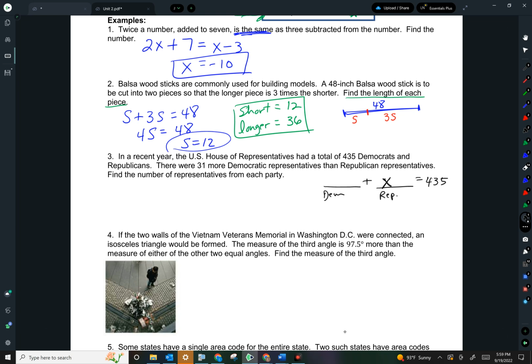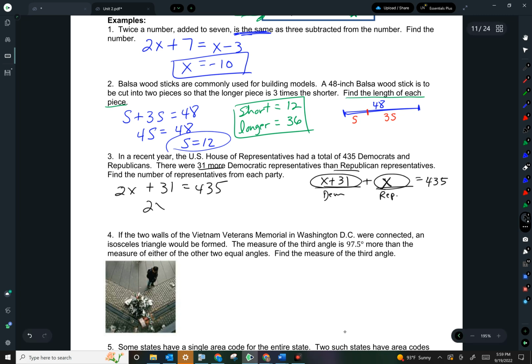Well, if there are 31 more than Republicans, wouldn't the Democrats be X plus 31? So my equation, if you look at the picture, is this plus this equals 435. If I do my addition, isn't that like saying 2x plus 31 equals 435? So now I have an equation that I can solve.